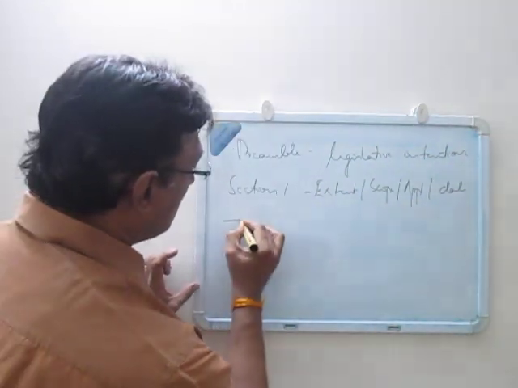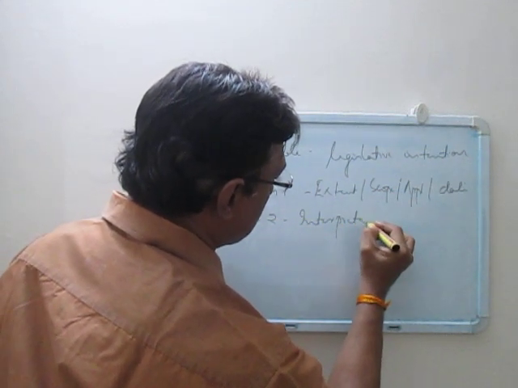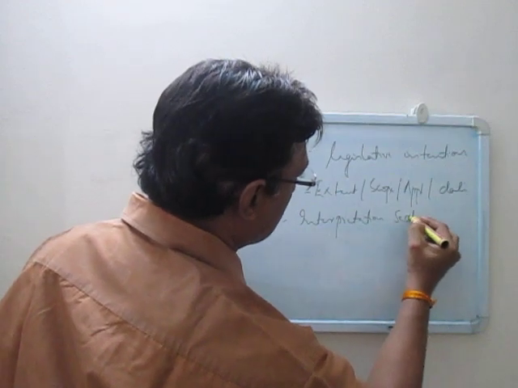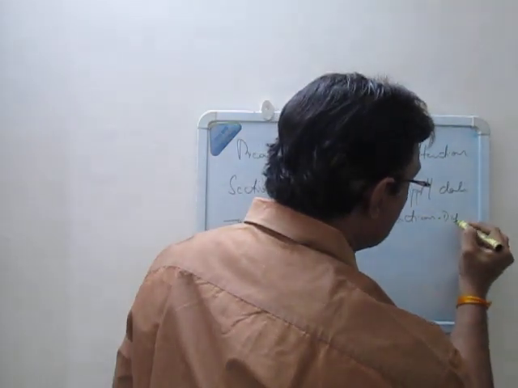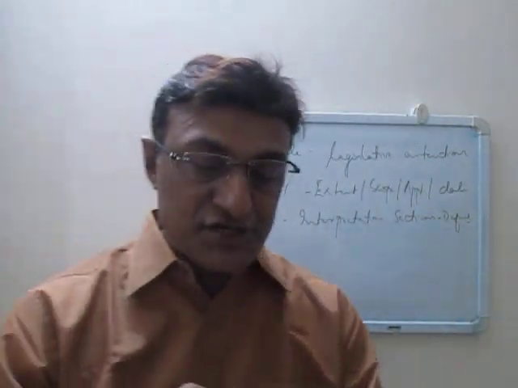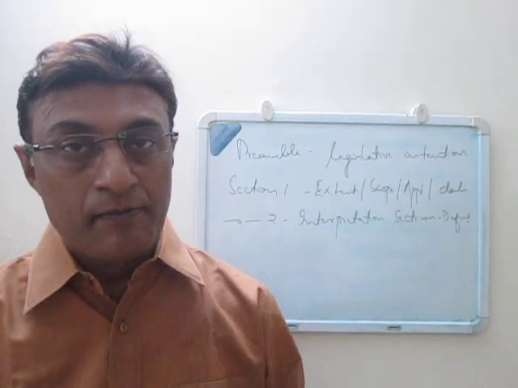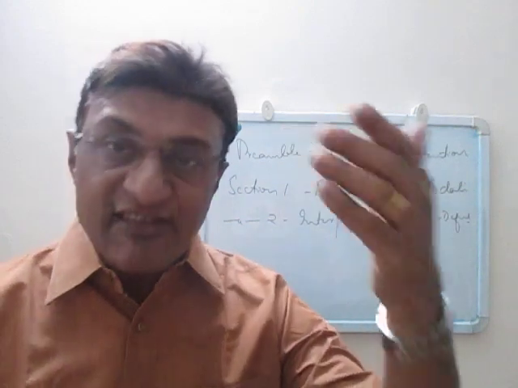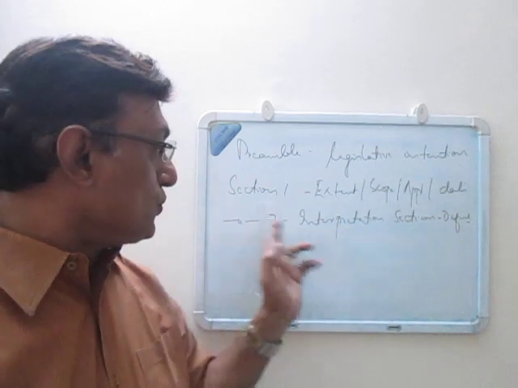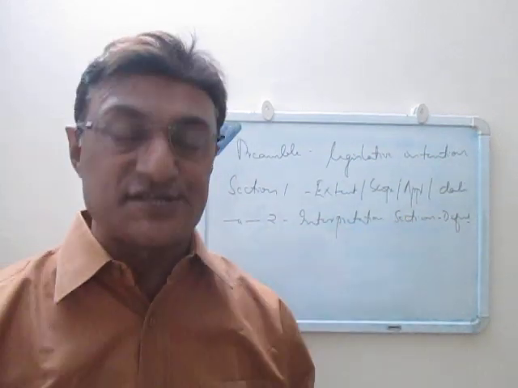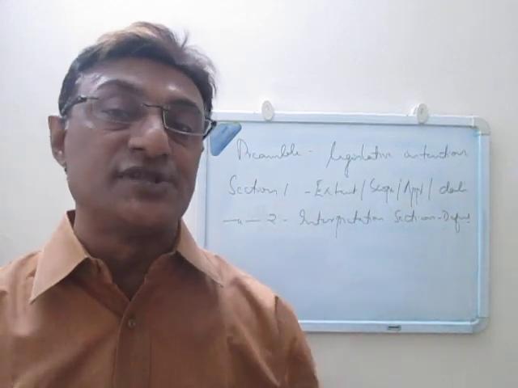Section 2, technically called the interpretation section, lays down the definitions. The definitions of all the technical terms used in the act. And fortunately, in alphabetical order. Section 2, through various subsections or clauses, usually defines all the technical terms which are used in the statute.